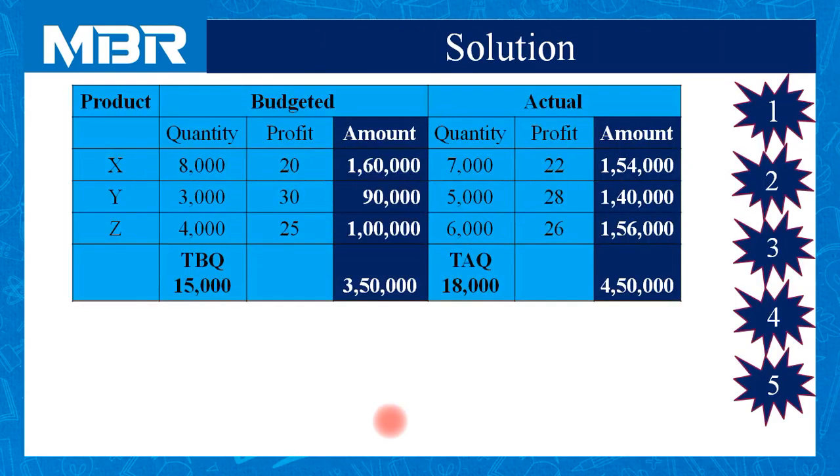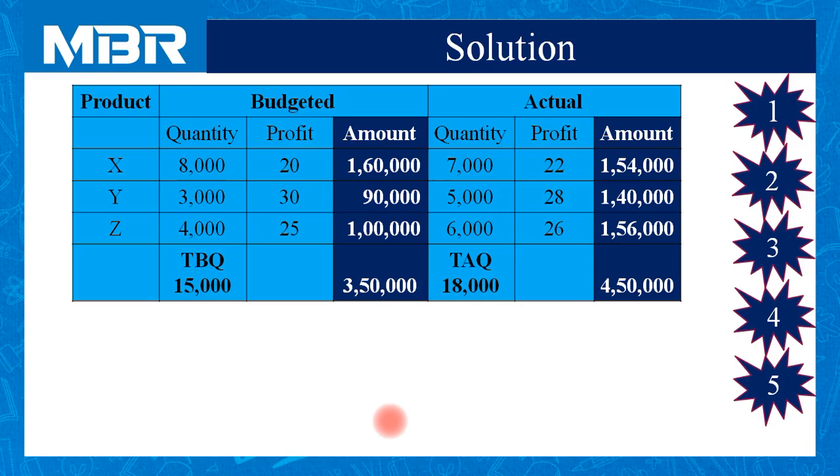Before calculation of the variances, we need to prepare a table. In earlier questions, we prepared the same kind of table, but it was based on sales price. Here this table is based on profit. Product XYZ, budgeted quantity, profit, and multiplication of quantity and profit resulting into amount.